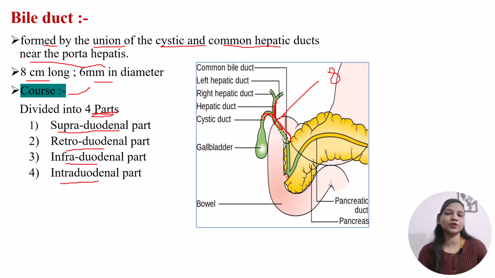By the names we can understand that the supraduodenal part is the part present above the duodenum, the retroduodenal part is behind the duodenum, the infraduodenal part is below the duodenum, and the intraduodenal part is inside the duodenum. Okay, so let's discuss it in detail.